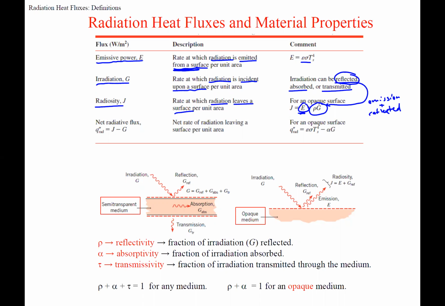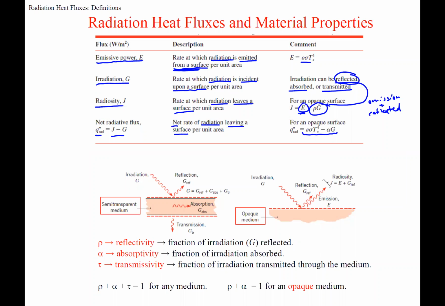Net flux, radiated flux. So this is our net, okay, and they're using J minus G. So that's our radiosity minus irradiation, which would be our net rate of radiation. So net leaving a surface, okay? And they've reduced it down to this, and we can reduce it.